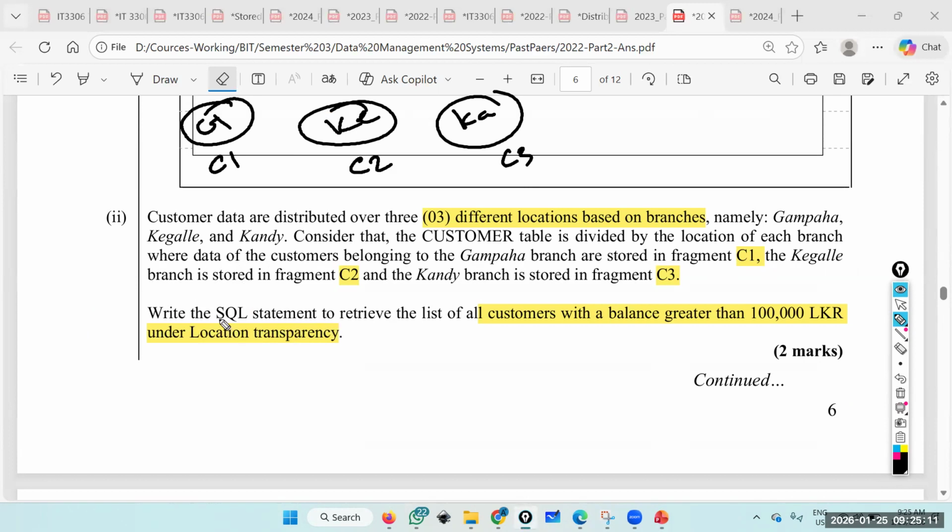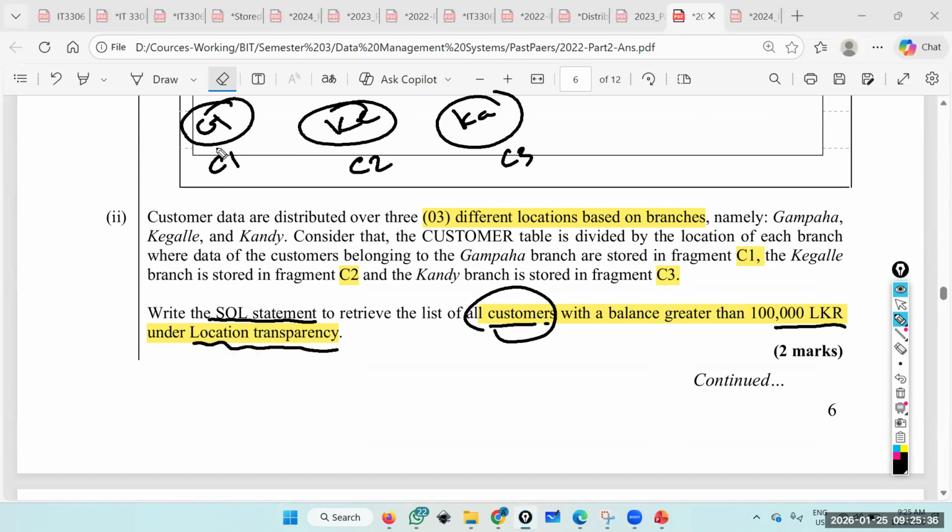Write the SQL statement now. Not the sigma. Read the question. To retrieve the list of all customers with balance greater than 100,000, under the location transparency. That means you must not refer to locations.